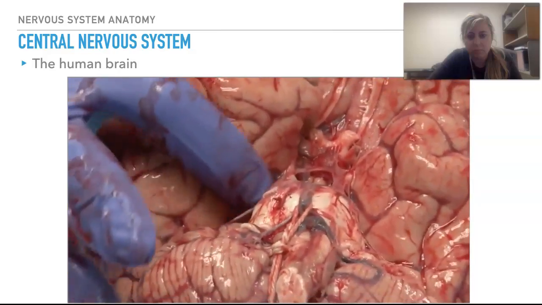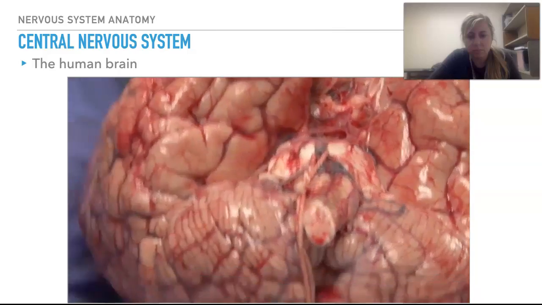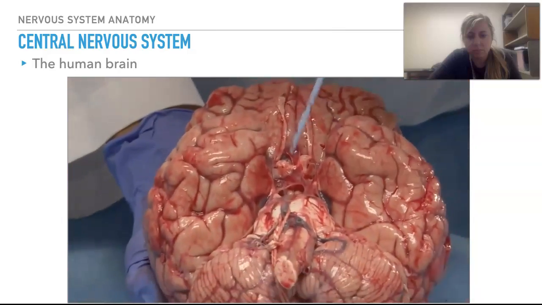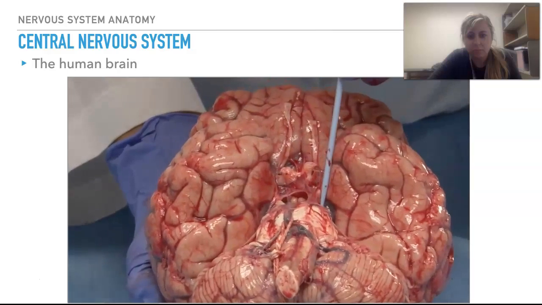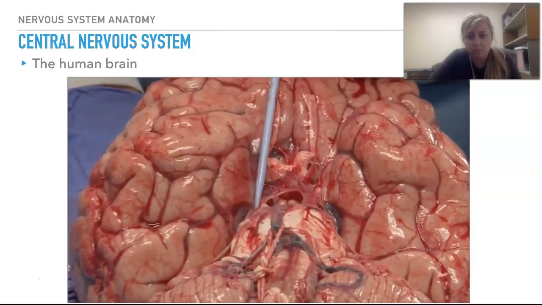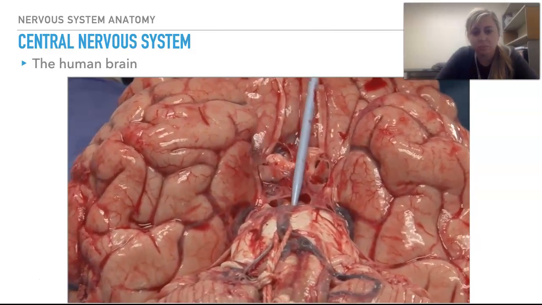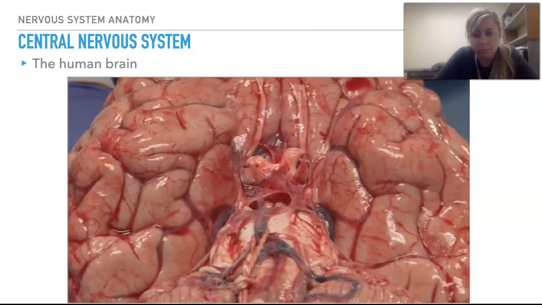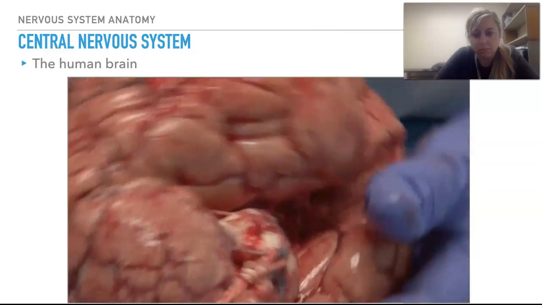The tentorium that fit in here has been removed, but we can see a slight groove right along here where the tentorium sat. So there is no evidence in this brain of any of the temporal lobe herniating medially over the edge of the tentorium. It's a beautiful specimen.